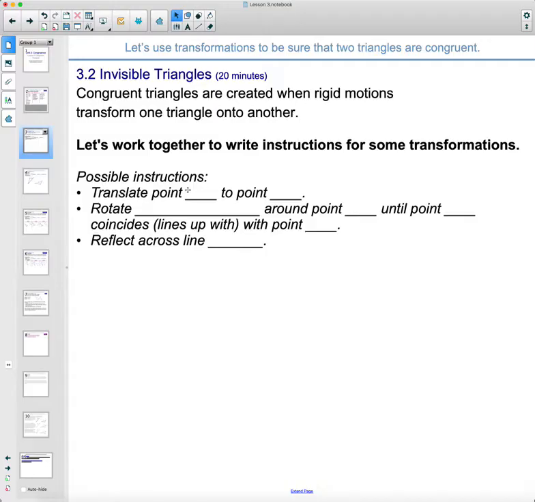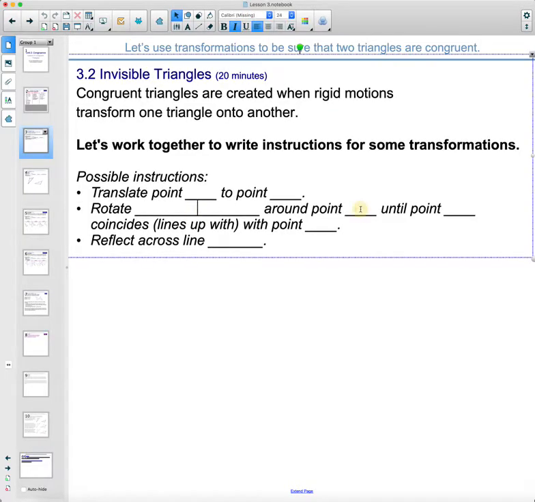We would translate point something to another point. So translate point A to point D. Rotate around a figure. Okay, so rotate this figure around what point until what point coincides with another point. So for instance, rotate triangle ABC around point C until A lands on E. So you say what the figure is here, okay, what point is staying, and what point is moving on to another point.